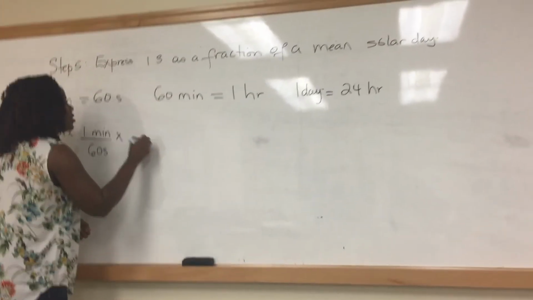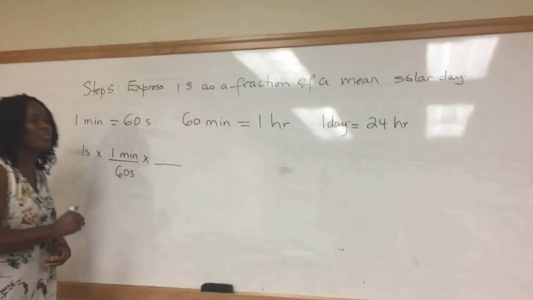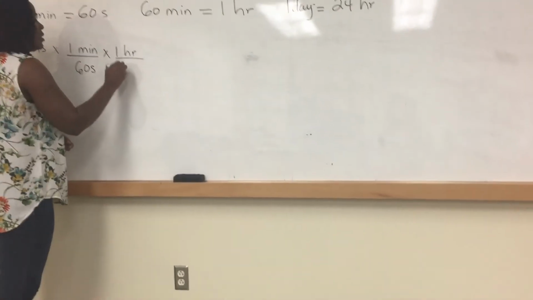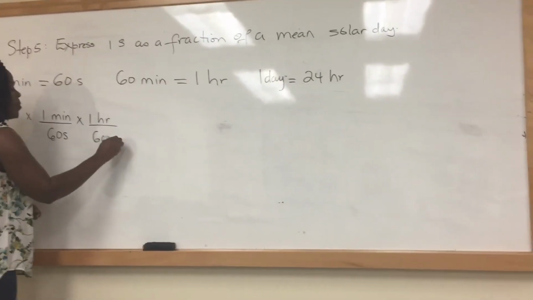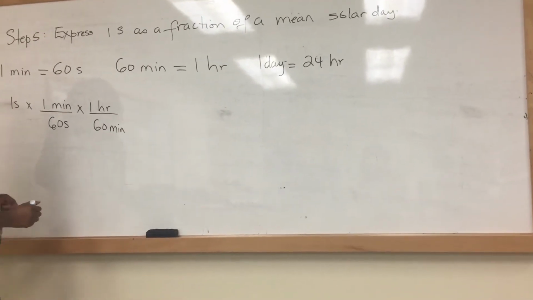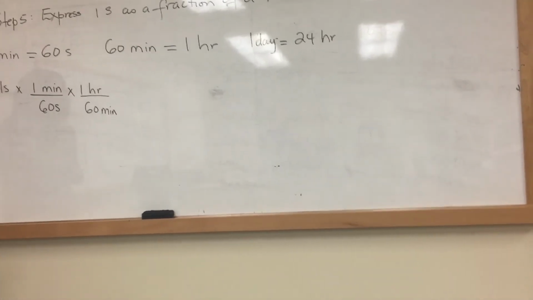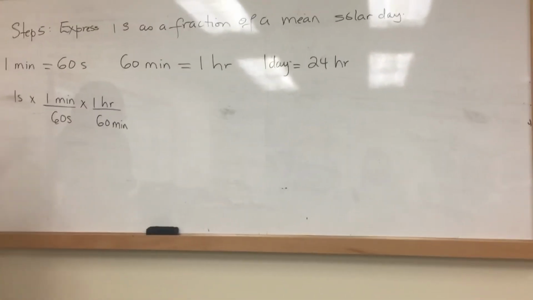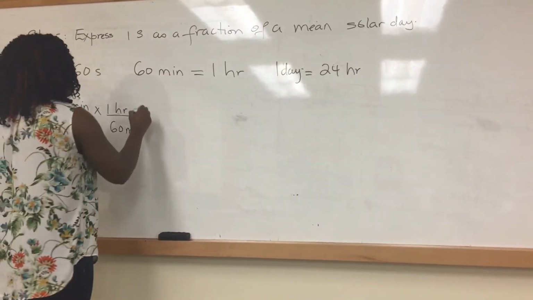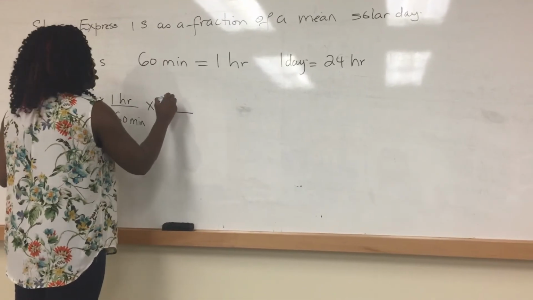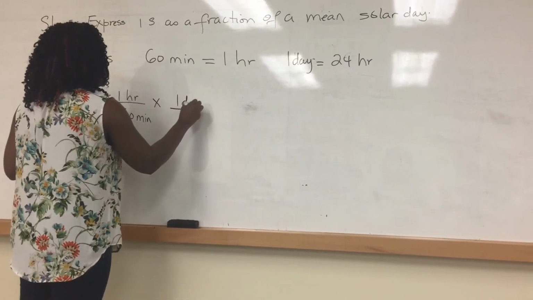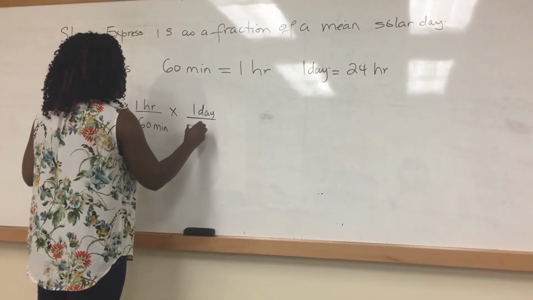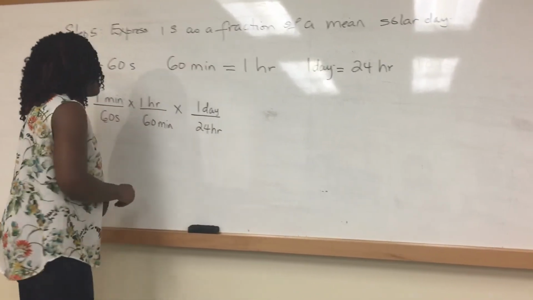So we are going to make another conversion factor where the desired unit goes in the numerator, and that's going to be 1 hour. And then 60 minutes will be in the denominator. And then in our final step, where we're converting hour to day, we will put day in the numerator, which is 1 day, and we will have 24 hours in the denominator.